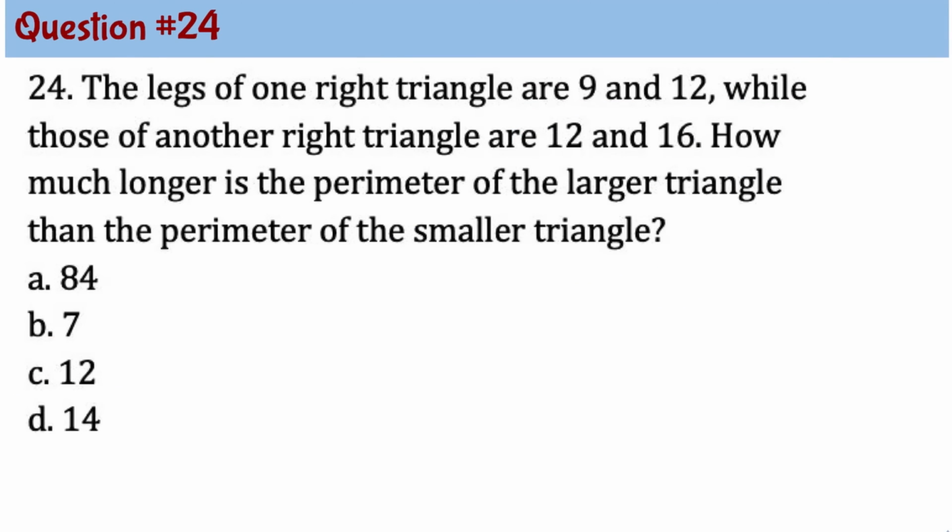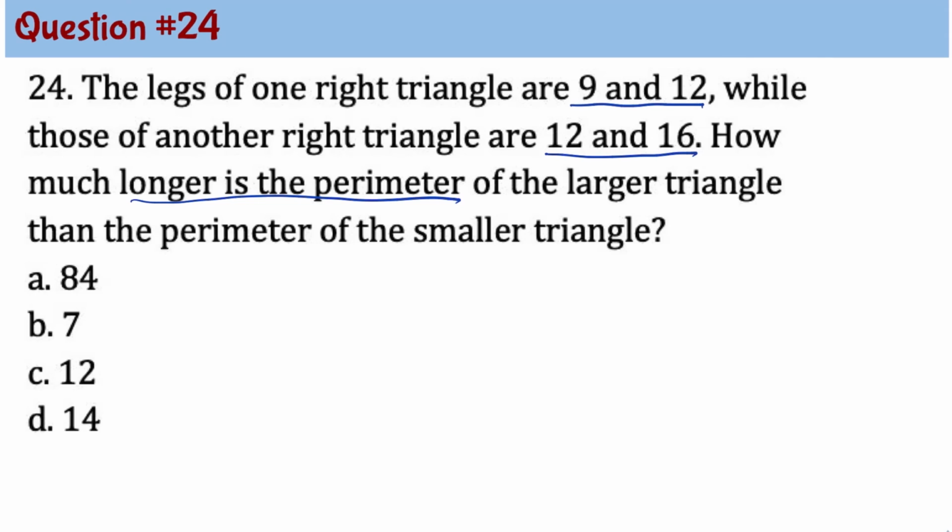Question number 24. The legs of one right triangle are 9 and 12, while those of another right triangle are 12 and 16. How much longer is the perimeter of the larger triangle than the perimeter of the smaller triangle? In our previous video, we learned about Pythagorean triple.